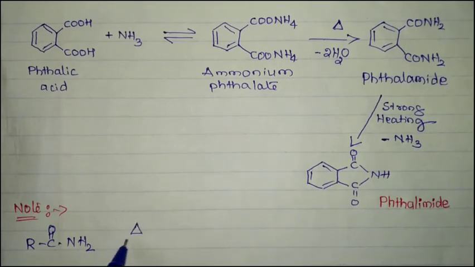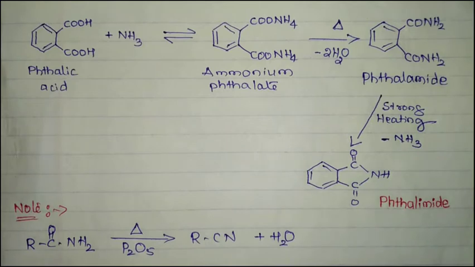On heating with phosphorus pentoxide, P2O5, it loses a molecule of water, dehydration takes place, and you are going to get alkyl cyanides. This is acid amide. Acid amides on heating with phosphorus pentoxide undergo dehydration, giving alkyl cyanides.